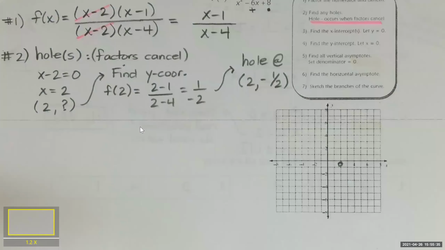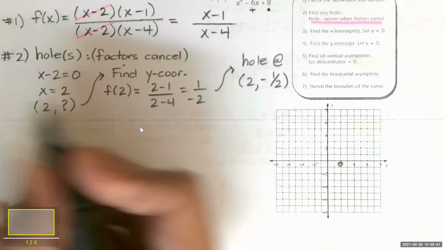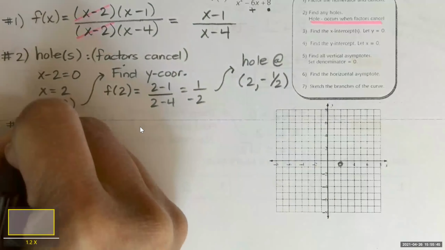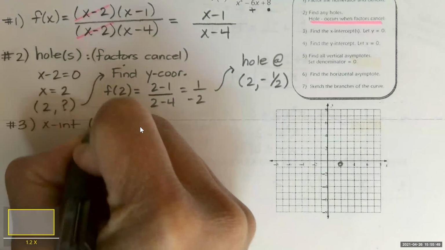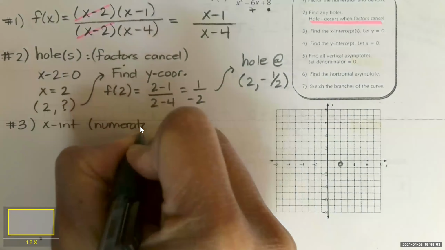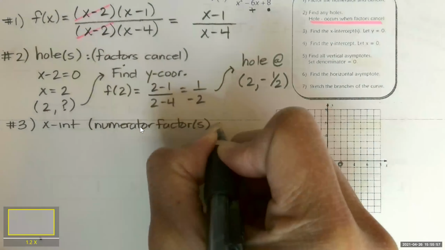Step number 3 now tells us to find the x-intercepts. So come over here and let's go do that. To find the x-intercepts, you take your numerator factors, or factor, and set them equal to 0 and solve.